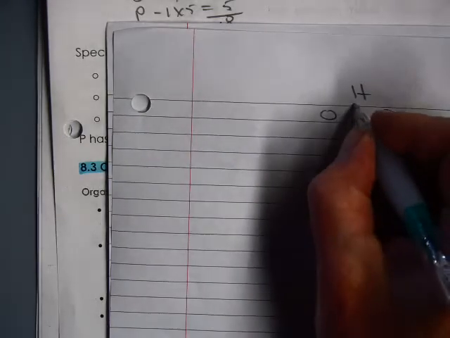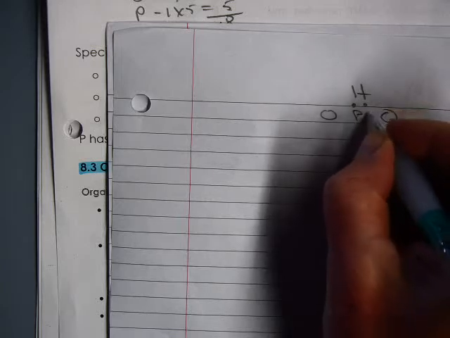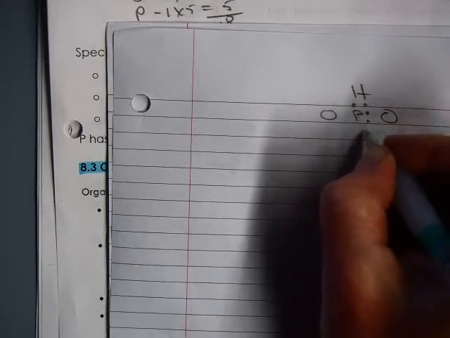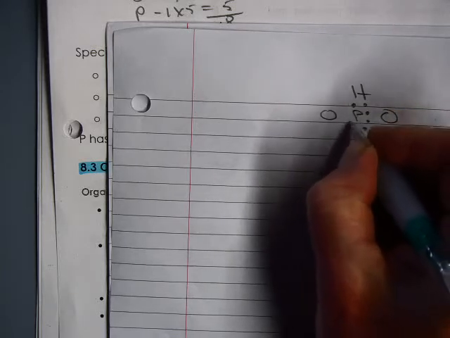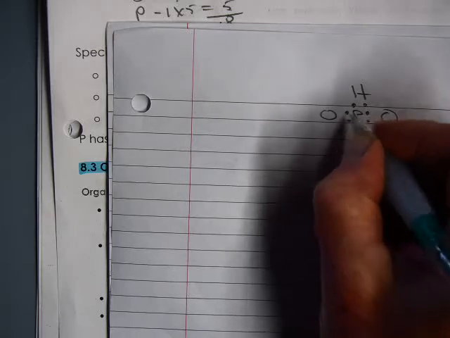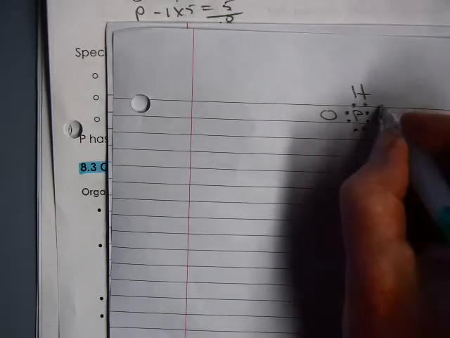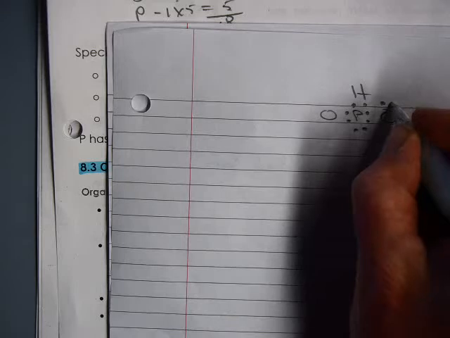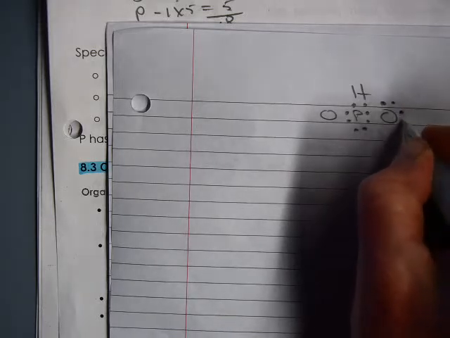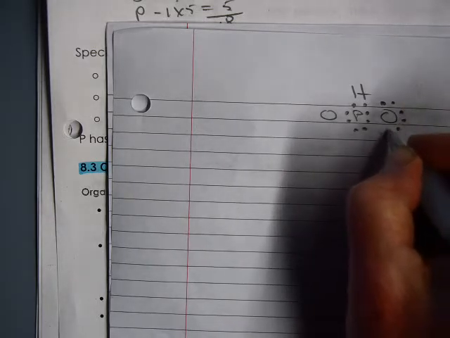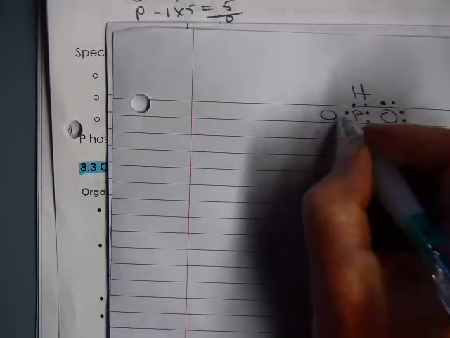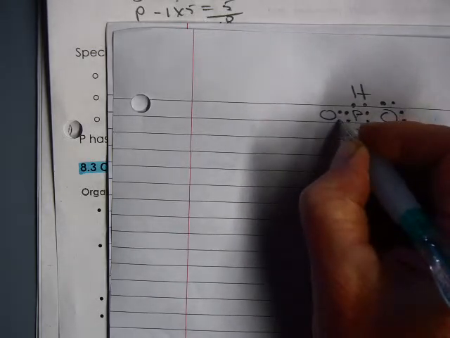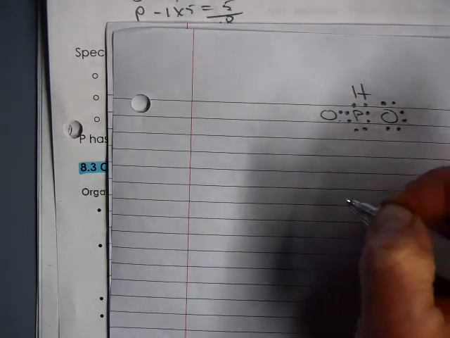So what am I going to do? Well, I've got 18 to deal with, so I've got 1, 2, 3, 4, 5, 6, 7, 8, okay? 9, 10, 11, 12, 13, 14, 15, oh, that's not going to work.